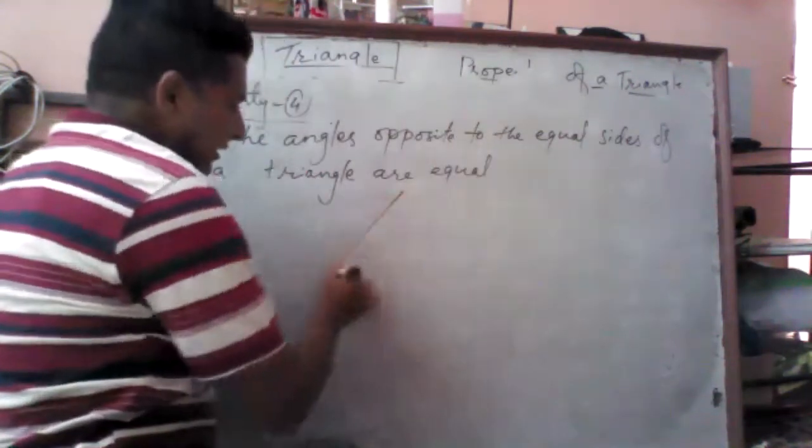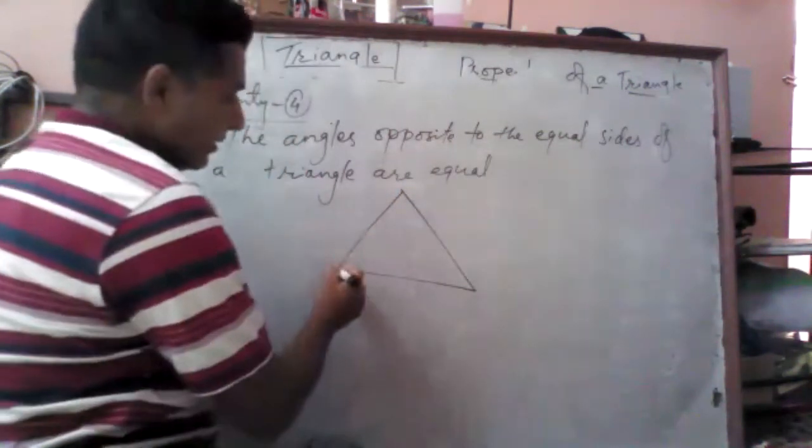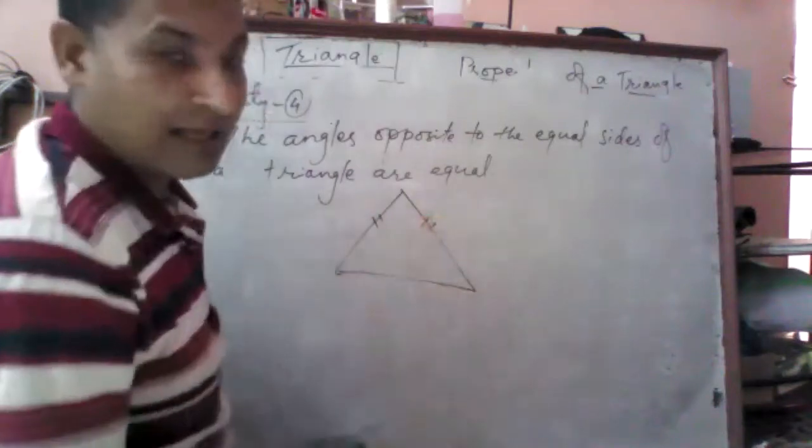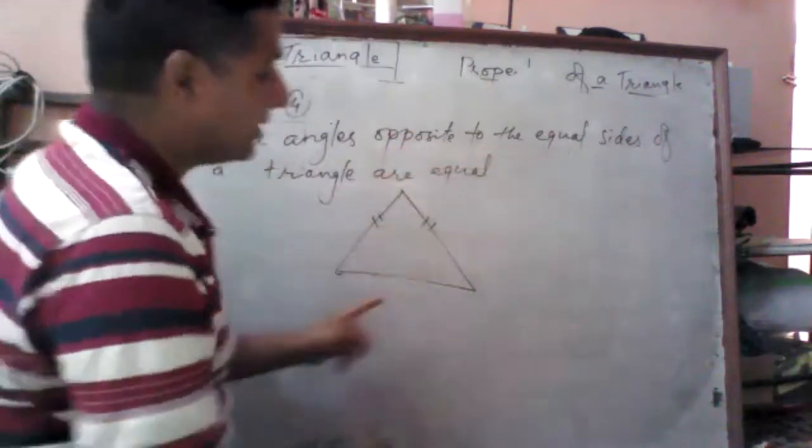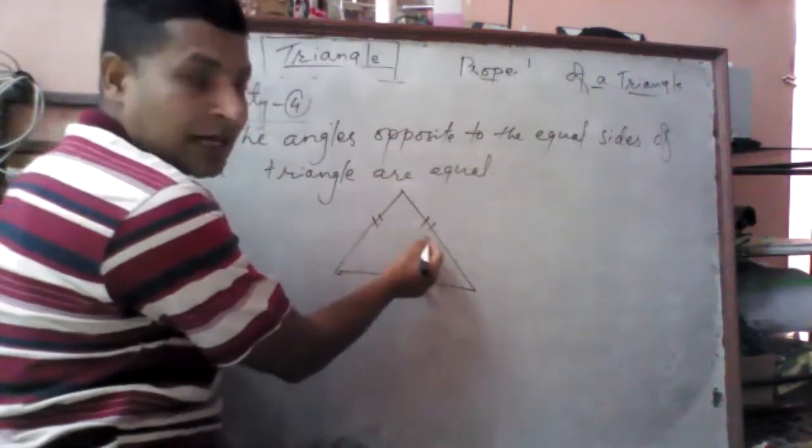It means that in a triangle, if two sides are equal, the angles opposite to these equal sides are equal.